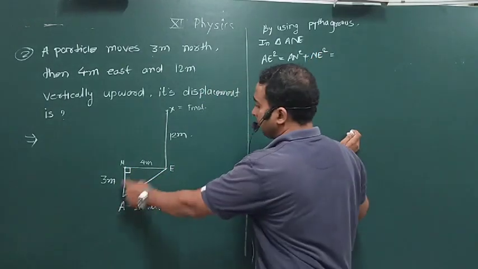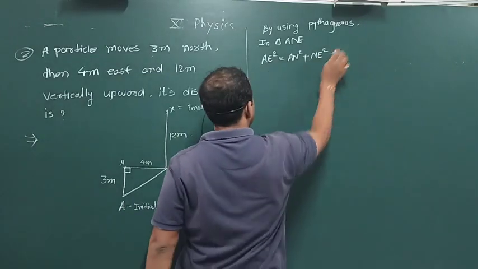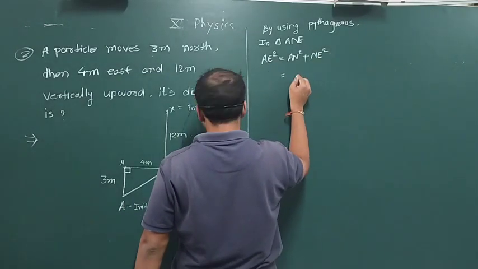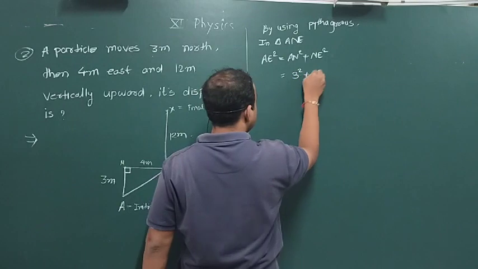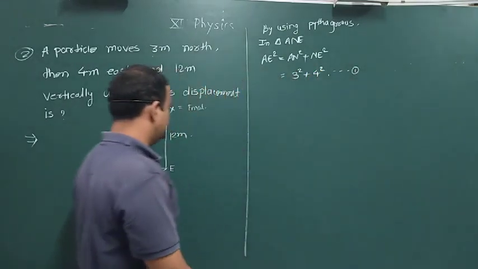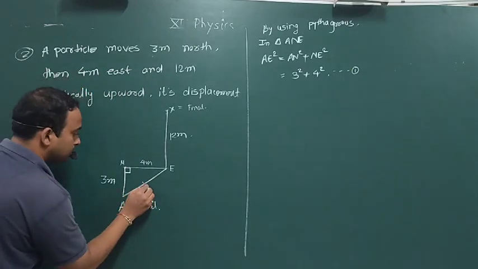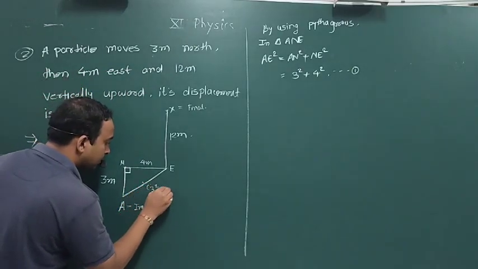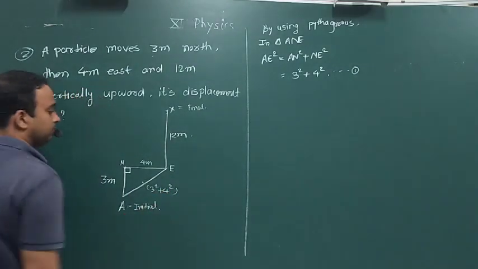By substituting the values, we get 3 square plus 4 square. Look at equation number 1.